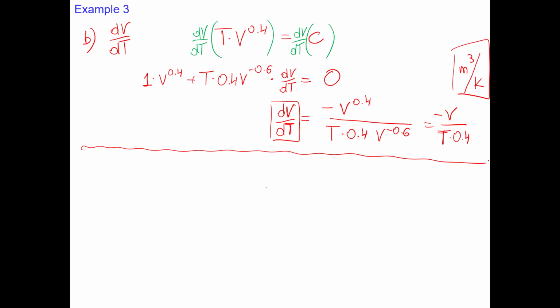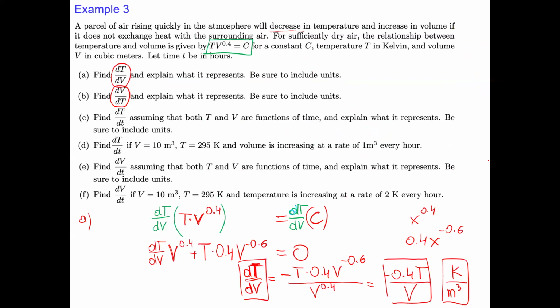Okay, beautiful. Now let's look at C. Find dT with respect to time. We have to find how the temperature is changing as time passes, assuming that both temperature and volume are functions of time.